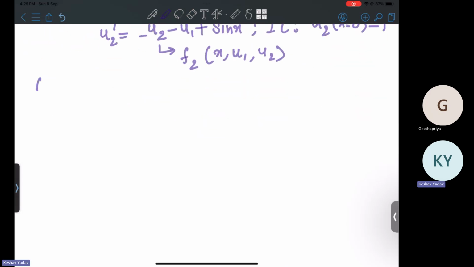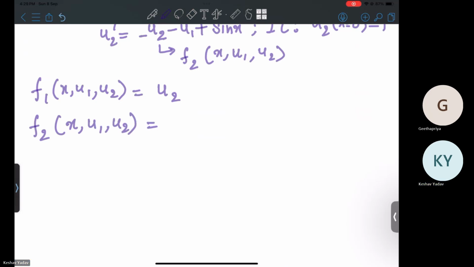So from here, f1 of x, u1, u2 will be equal to directly u2. f2 of x, u1, u2 will be equal to minus u2 minus u1 plus sin x. Okay. This is what we have.